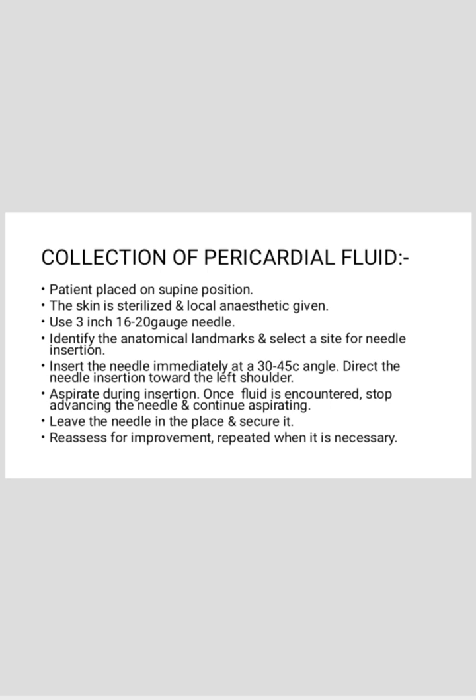Direct the needle towards the left shoulder. Aspirate during insertion. Once fluid is encountered, stop advancing the needle and continue aspirating. Leave the needle in place and secure it. Reassess for improvement and repeat when necessary.